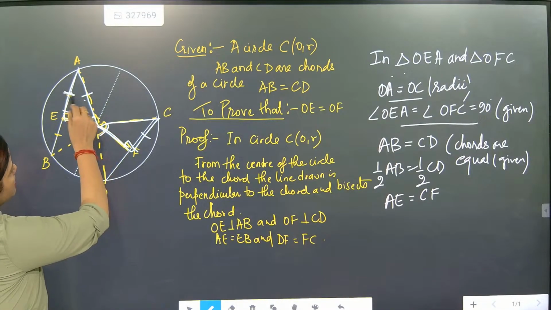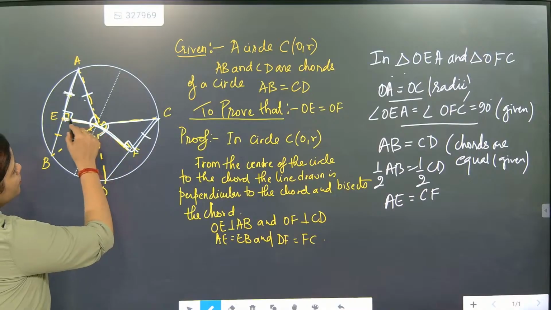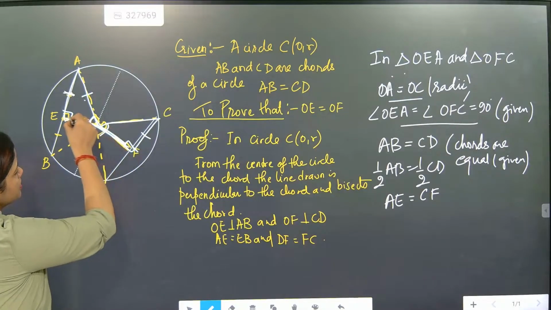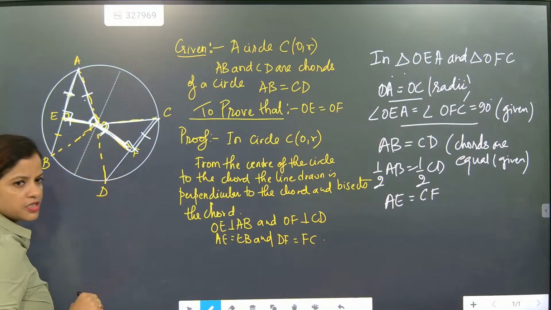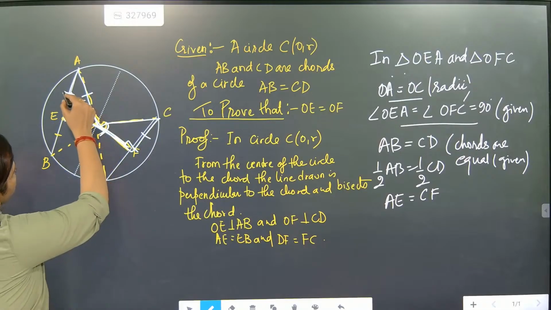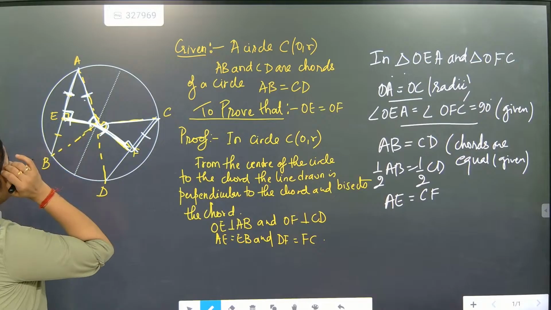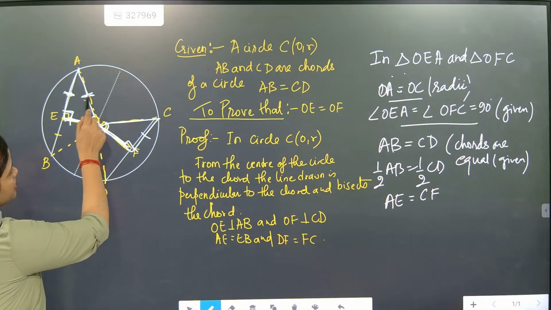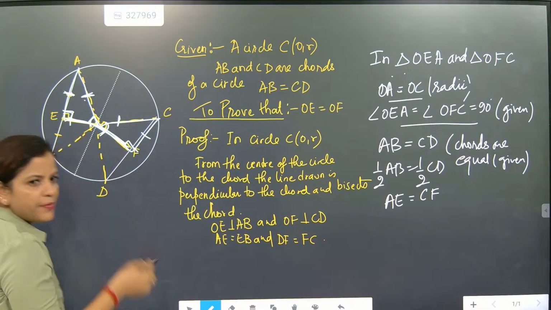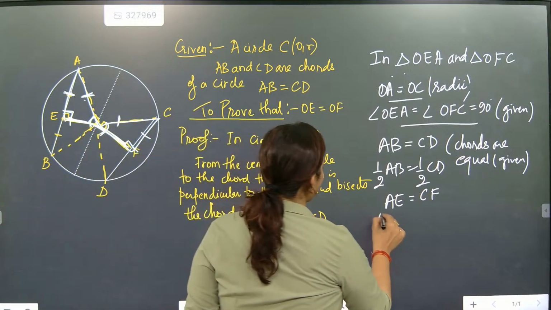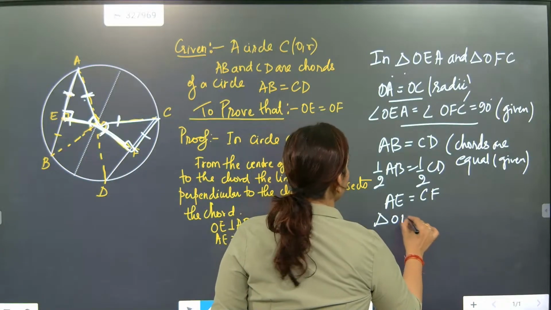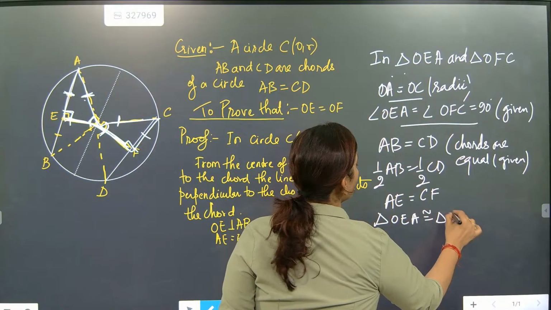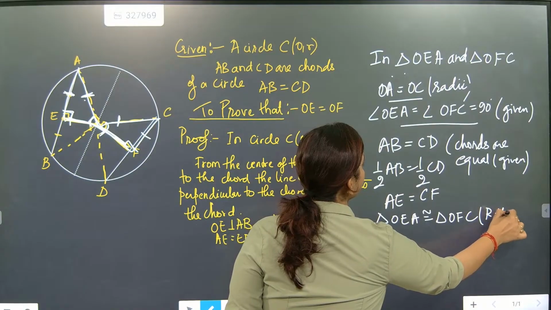We need to prove angle and side. Also this is 90 degree, so right angle, hypotenuse, side we can take now. It is coming right angle hypotenuse, this is equal to this radii, so RHS is better. So triangle OEA is congruent to triangle OFC by right angle hypotenuse side.